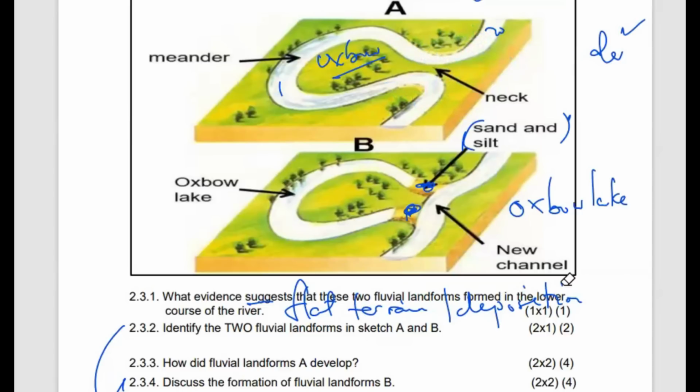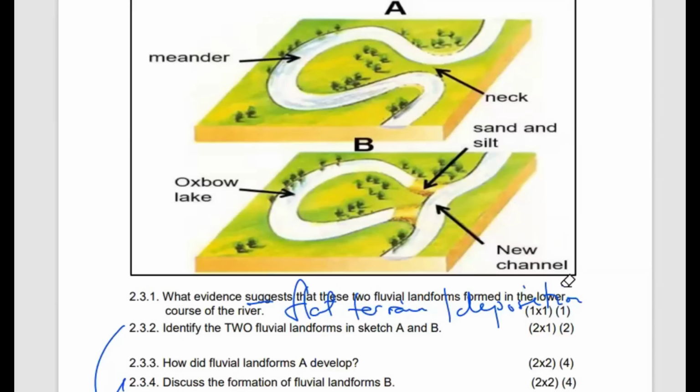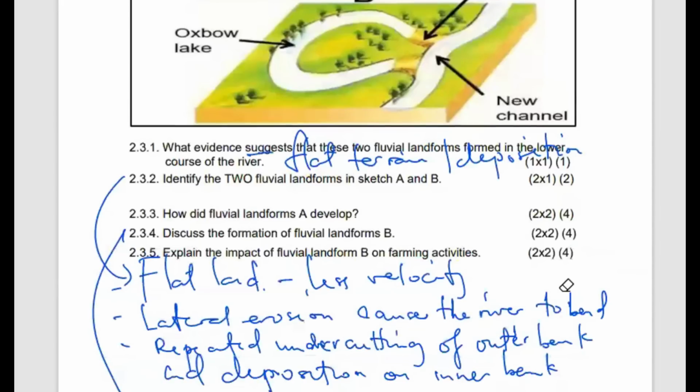The outer bend of the meander is undercut and eroded. This makes it advance towards the other outer bend until the two reach each other and break. The river takes a straighter course, and there are deposits of sand and silt here, ultimately separating the oxbow lake from the main stream.